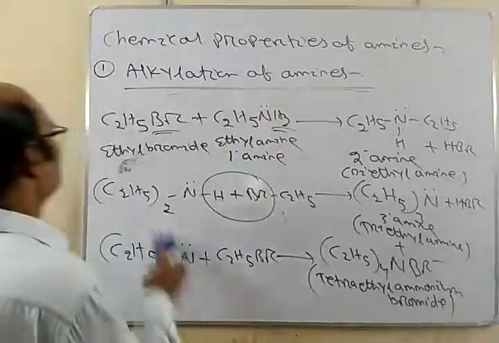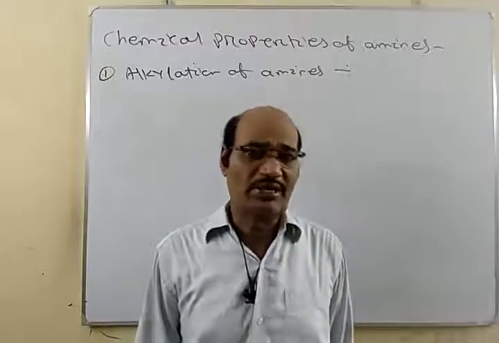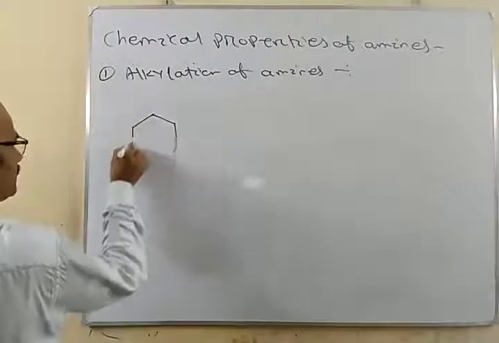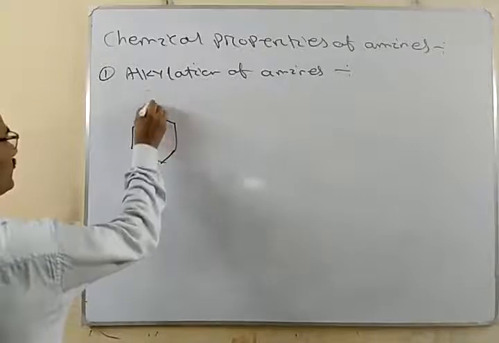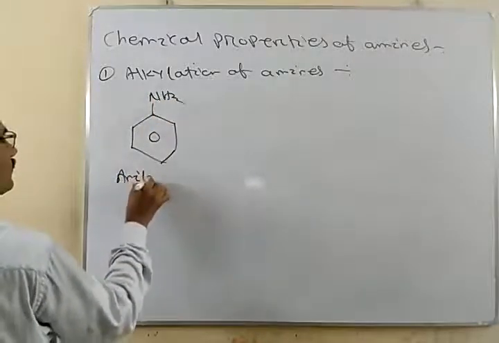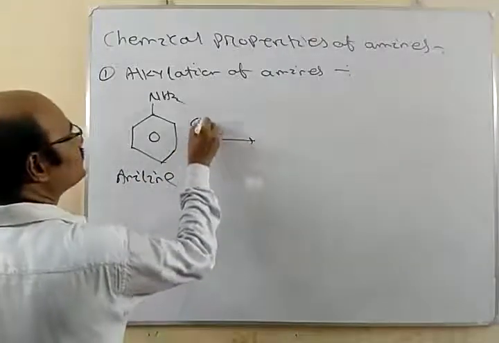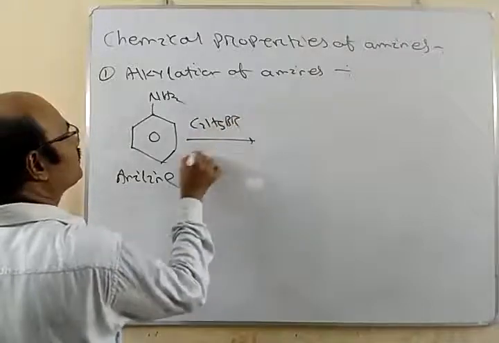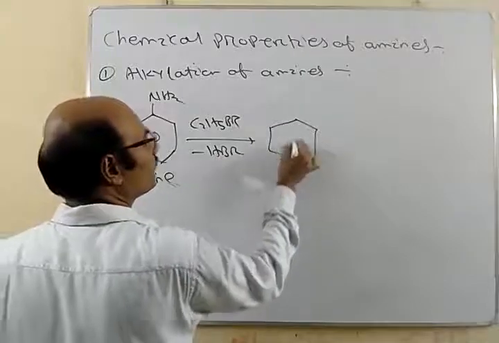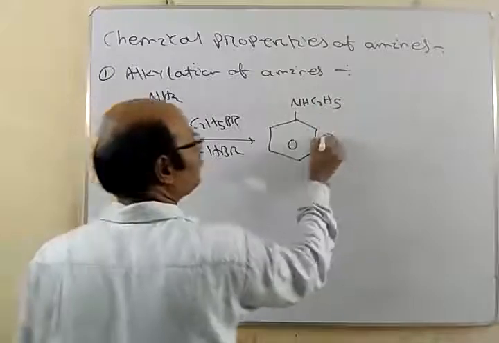Alkylation of amine can also be carried out with aromatic amines. If I take aniline, the same process will repeat. Aniline with C2H5Br, minus HBr removed, we get what? NH C2H5.